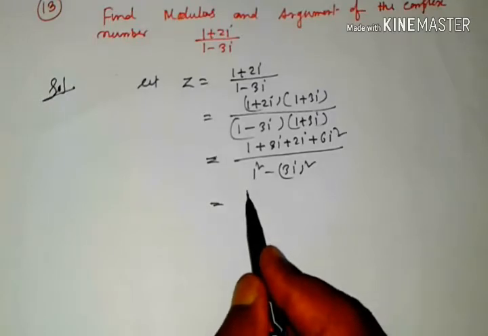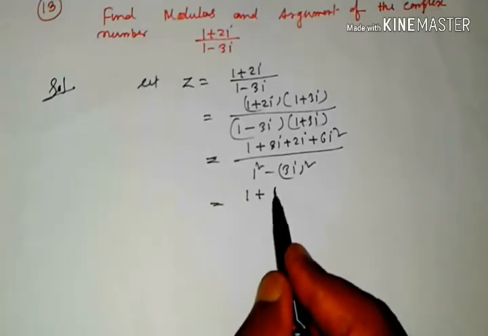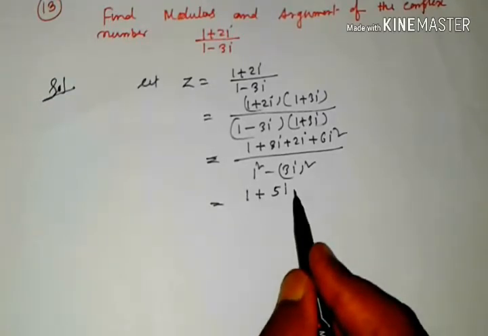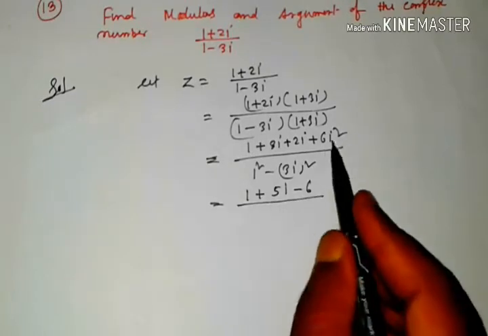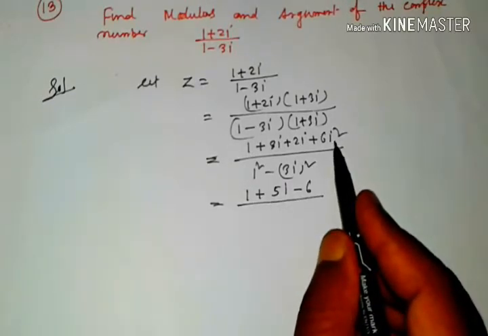It is 1 plus 5i, that is minus 6, because i square is minus 1.